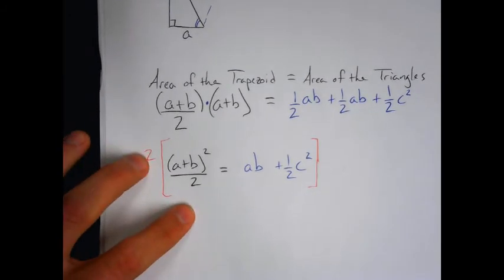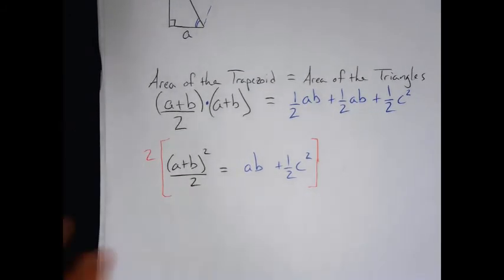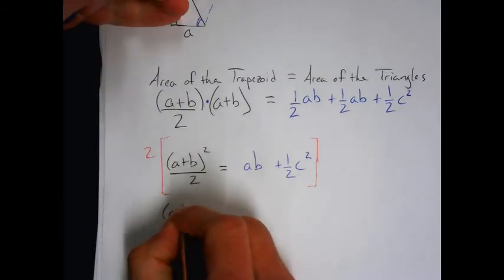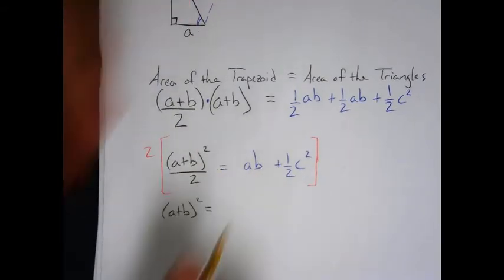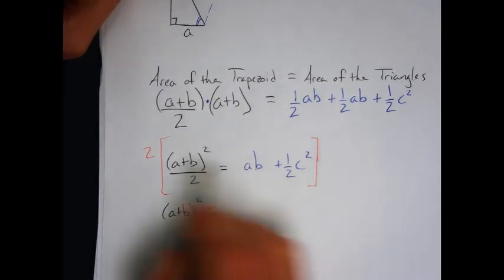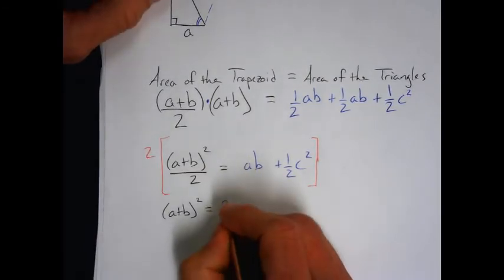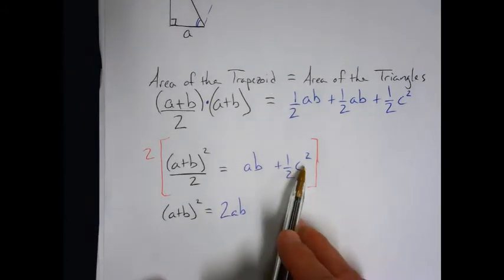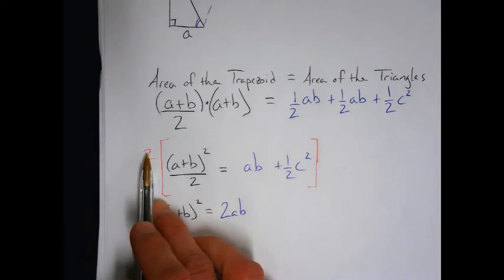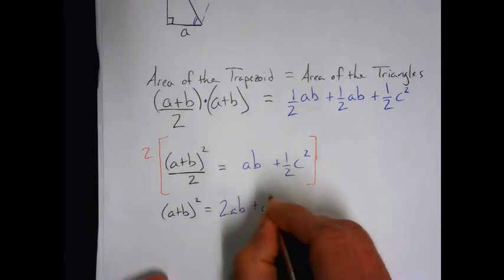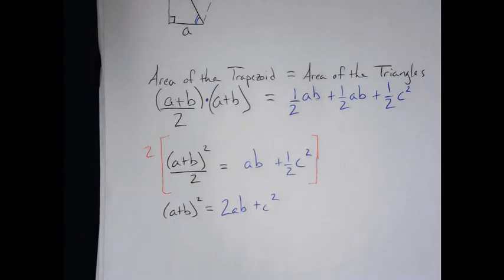The denominator cancels. On the left-hand side, we are left with A plus B squared. On the right-hand side, we had an AB, but we were multiplying it by 2, so it is now 2AB. We had a 1/2 C squared, but we're multiplying by 2. Remember what that 2 does? It cancels out the 2 in the denominator, leaving us with only C squared. So that is currently where we are at.